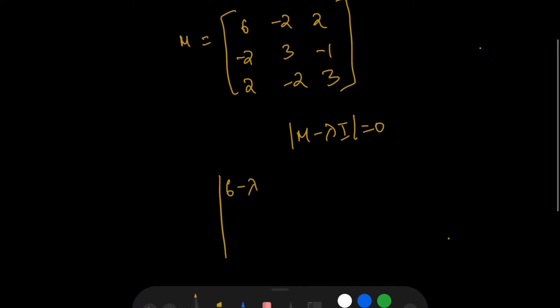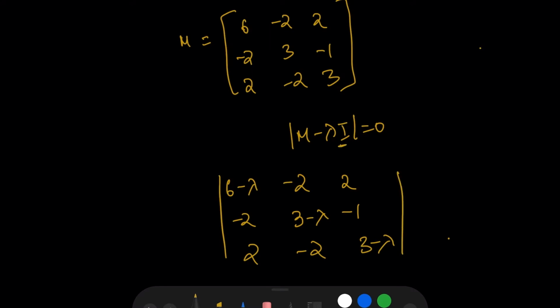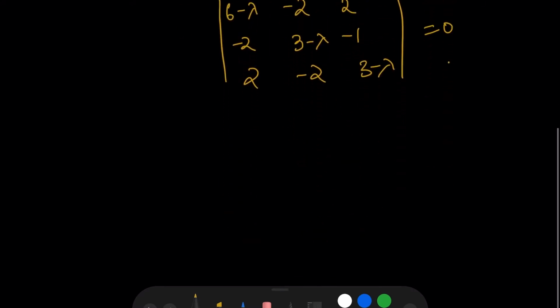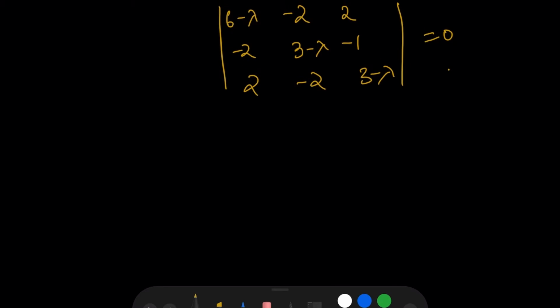6 minus lambda, minus 2, 2, minus 2, 3 minus lambda, minus 1, 2, minus 2, 3 minus lambda, right? So equating this determinant to 0, you get the characteristic equation.